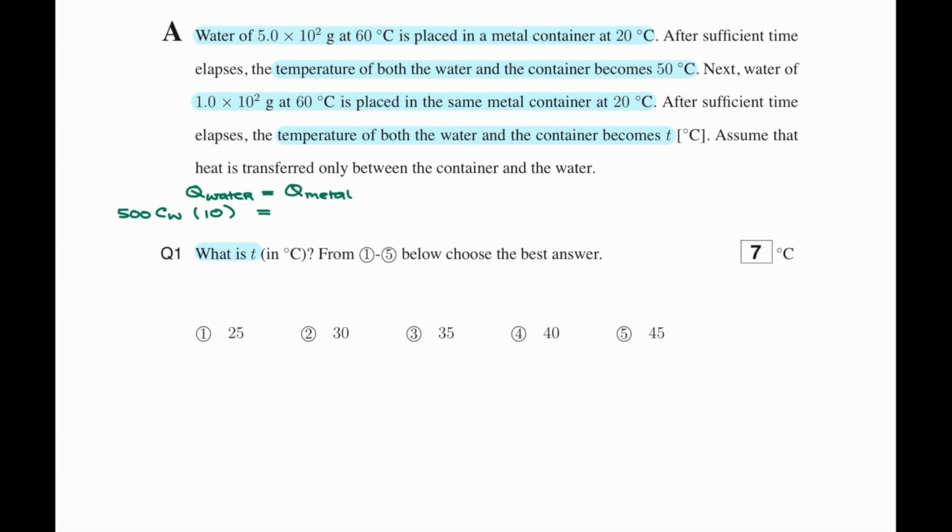I do not know the specific heat capacity of the metal, I will write down as Cm. I know the delta T of the metal. The initial temperature 20, the final temperature is 50, then the delta T is 30.